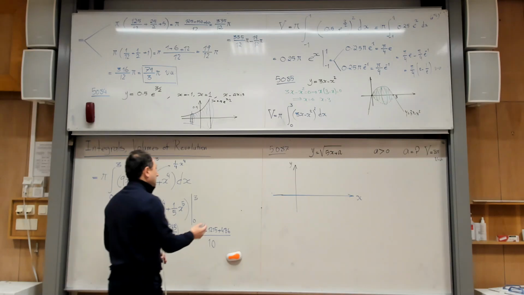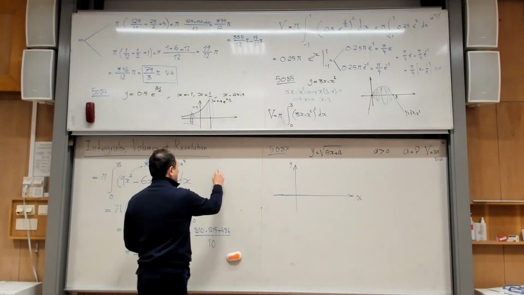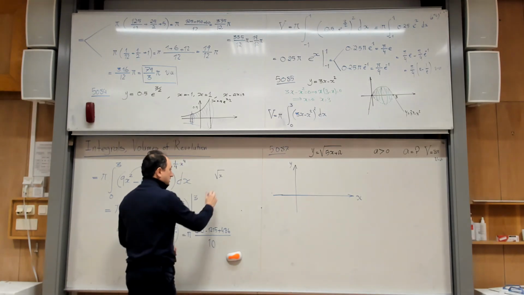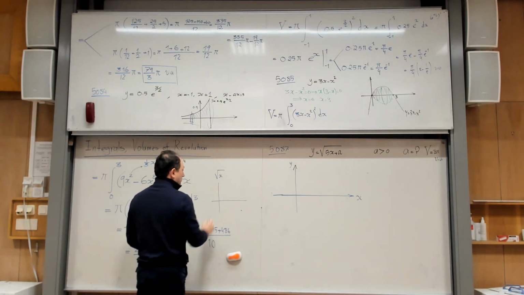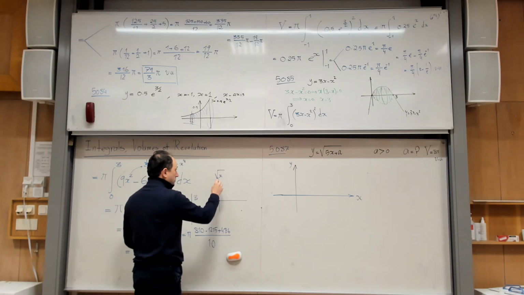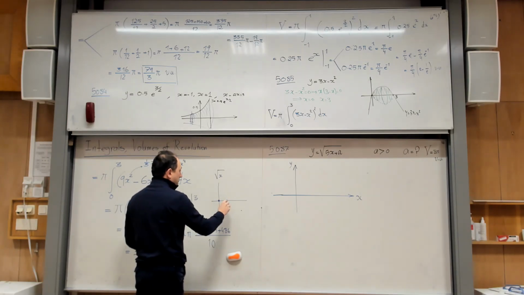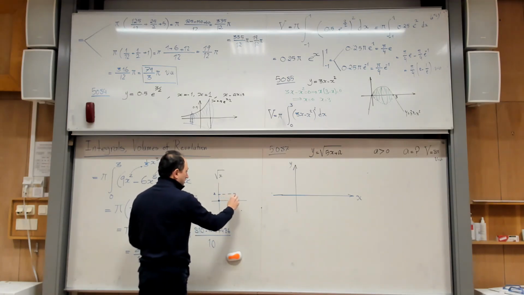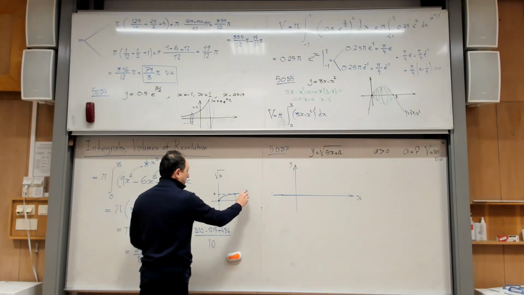So you need to know a little bit about the curve of square root of x. So if I want to draw the curve of square root of x, if I put x equals to 0, I get 0. If I put, for example, 4, I get 2. And that's another point. So this is the curve of the square root of x.